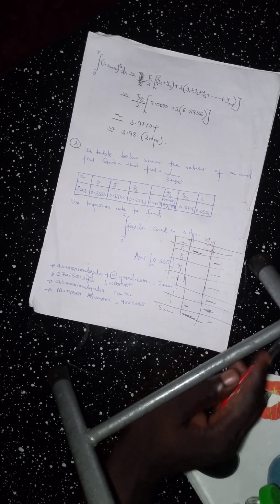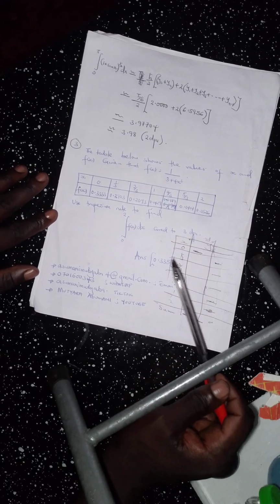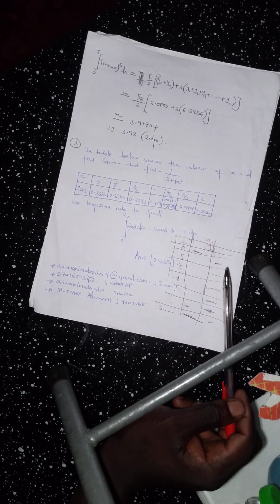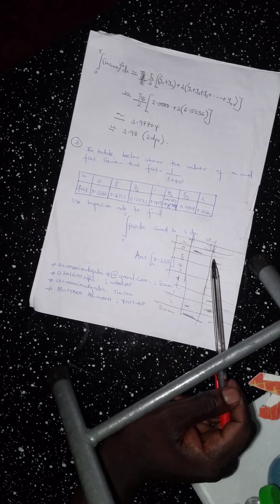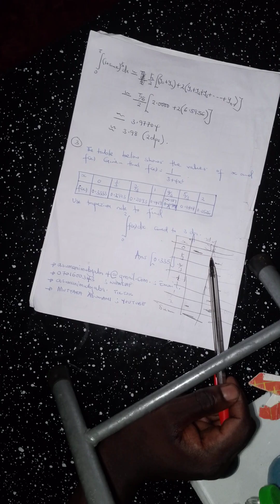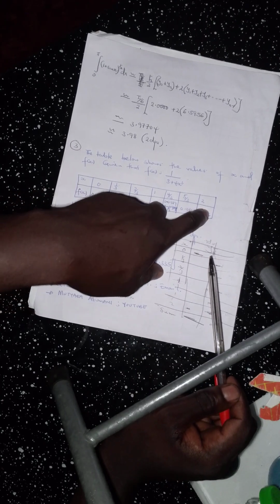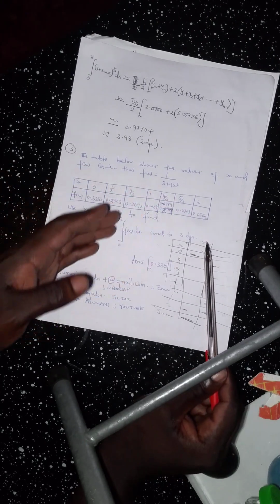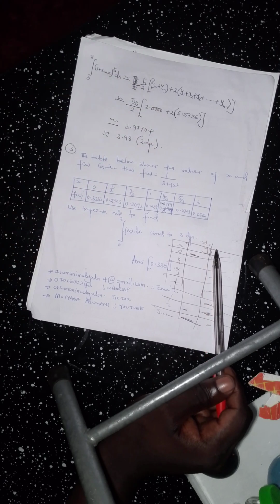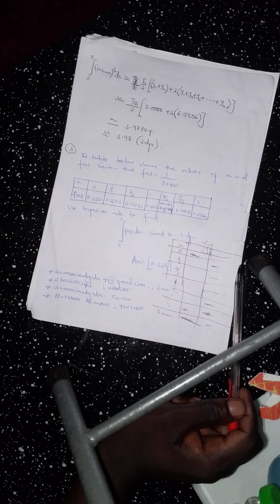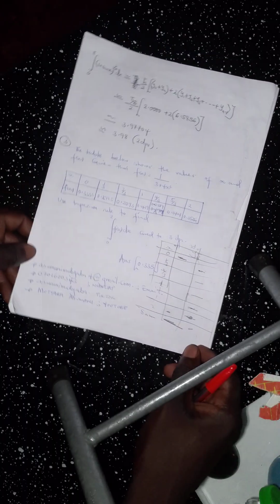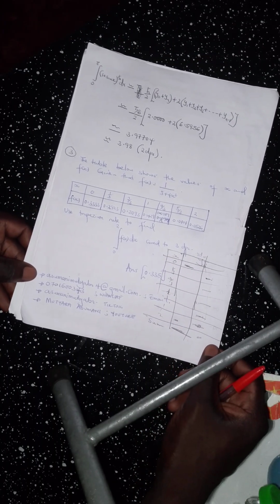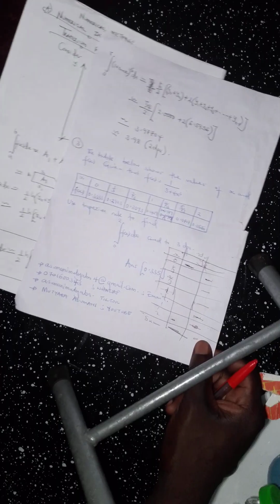If that does not happen, they will use the table, and if they use the table, we said you pick any two consecutive x values, get their difference, that would be h, then add this and the other one separately, and also the middle values, and you substitute in the original rule of the trapezium. And if you do that, you will have grasped everything to do with the trapezium rule.